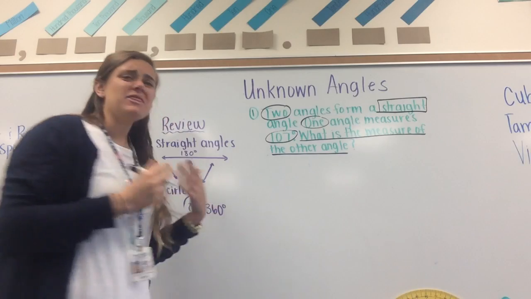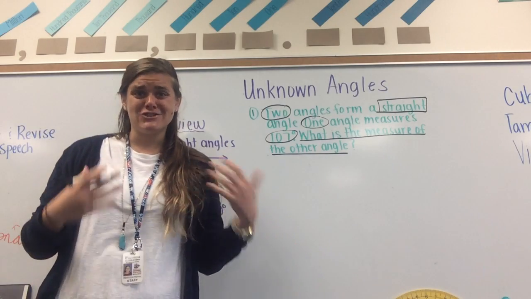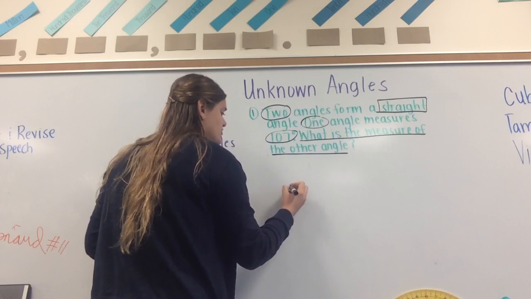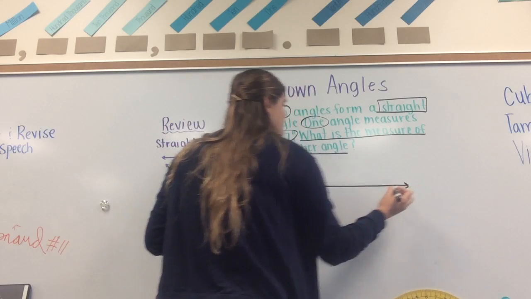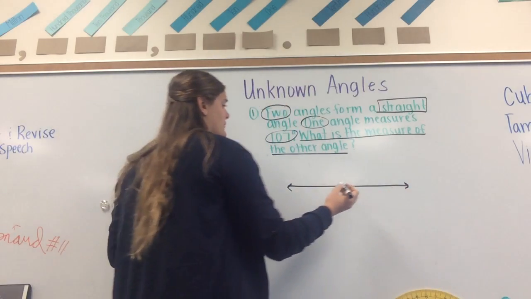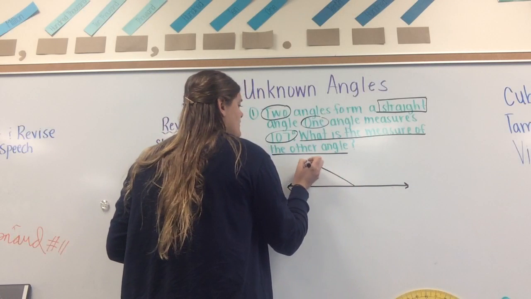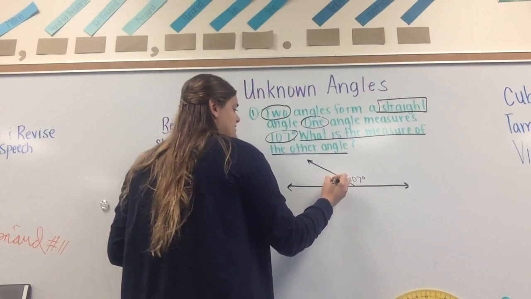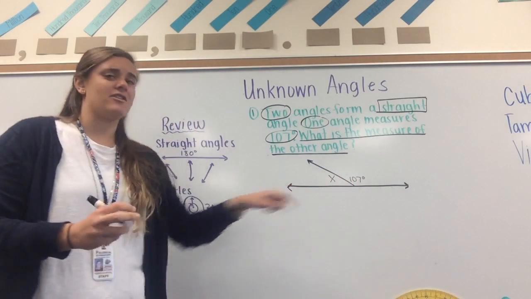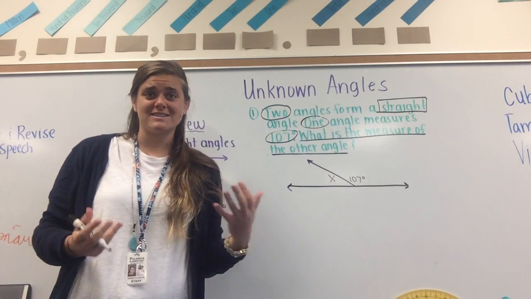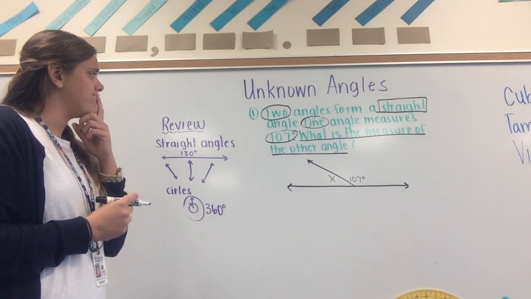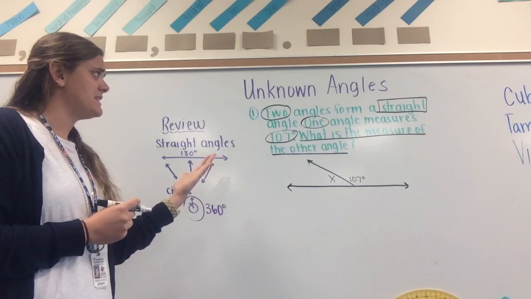So you know what the best way to solve this problem is? To draw a picture. So here's my picture of this. If I have a straight angle and two different angles form it, and one of those angles is 107 degrees, I need to try to figure out what this angle is. And I'm going to mark that with the letter X because I don't know what it is. Now, what could I do to solve this?